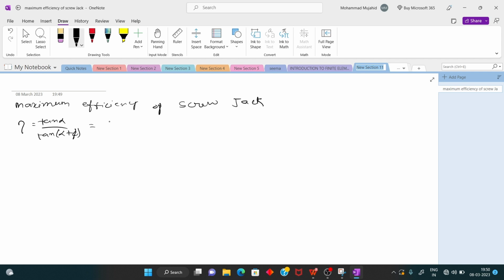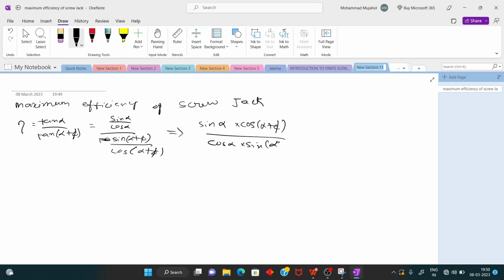This you can write as sin alpha by cos alpha by sin of alpha plus phi by cos of alpha plus phi. From this, you will get sin alpha into cos of alpha plus phi by cos alpha into sin of alpha plus phi.